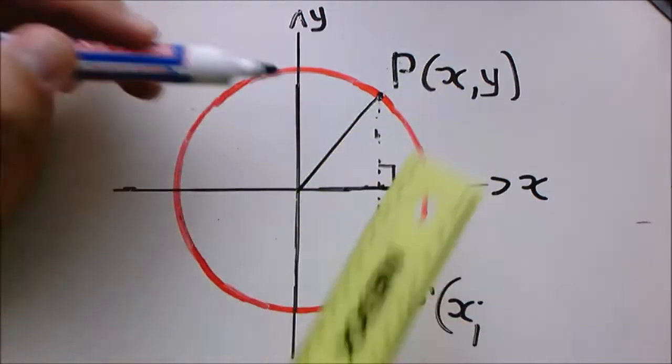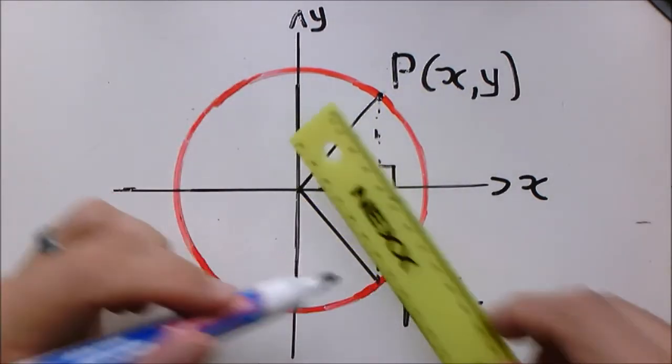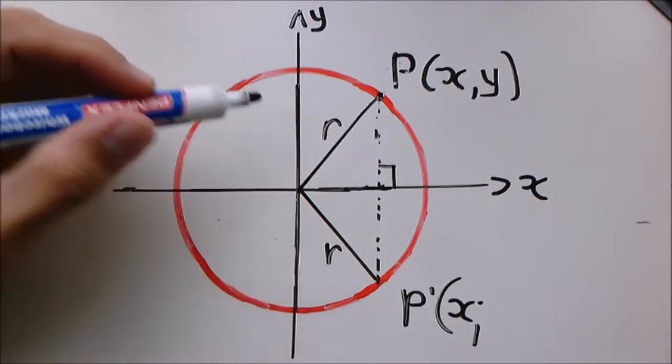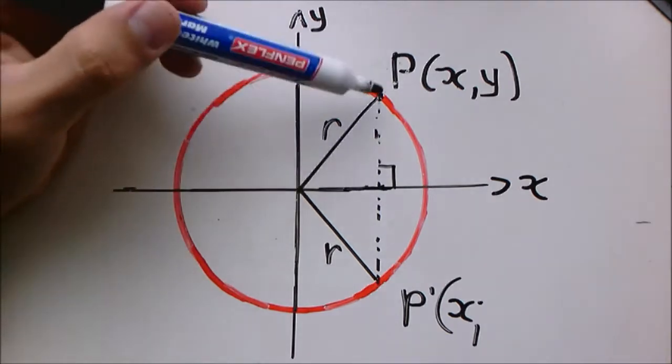Now, I know that it's a circle, so this is the radius. Therefore, this will also be the radius. So, if this is x for both of them, the radius is the same.